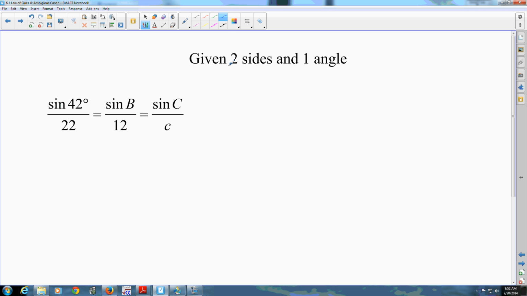Here, you're given two sides and one angle. Because you have one complete pair, you can do it. Now, you either go for angle B first, or, well, I guess you have to go for angle B first. I shouldn't have prefaced it that way. You have to go for this because you don't know either of these pieces of information.